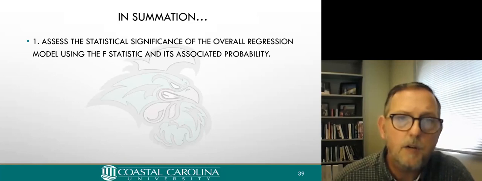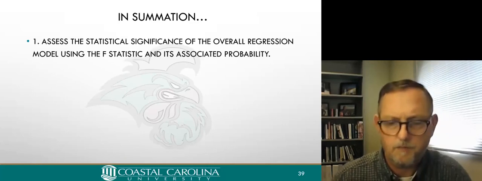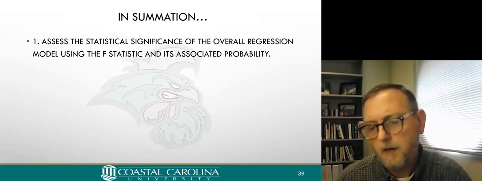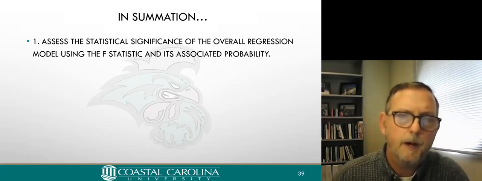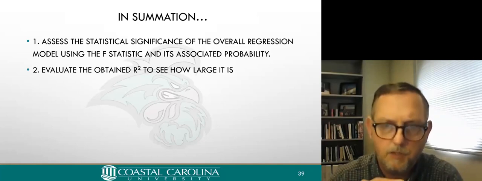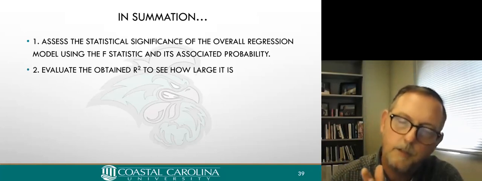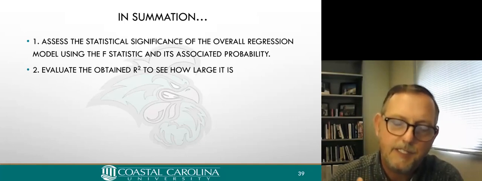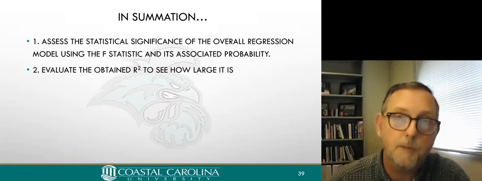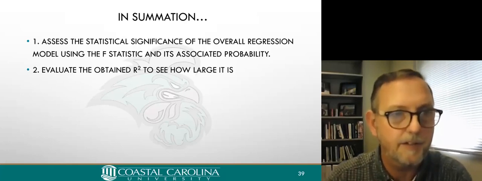At the end of the day, though, as we kind of look at cleaning up the model and figuring out how it's all going to go down. Number one, assess the statistical significance of the overall regression. So yes, look at the F statistic, and if it's not significant, then you're in big trouble because it's easy for that to be significant.